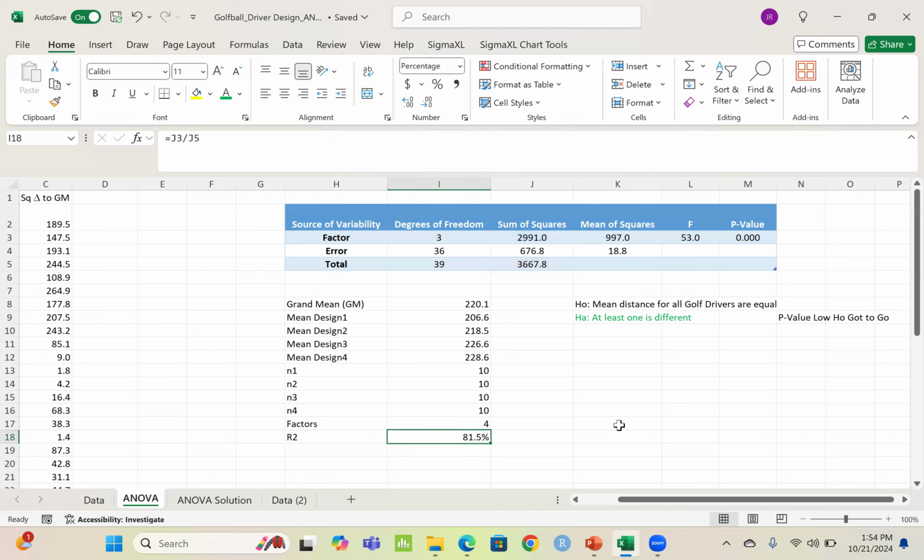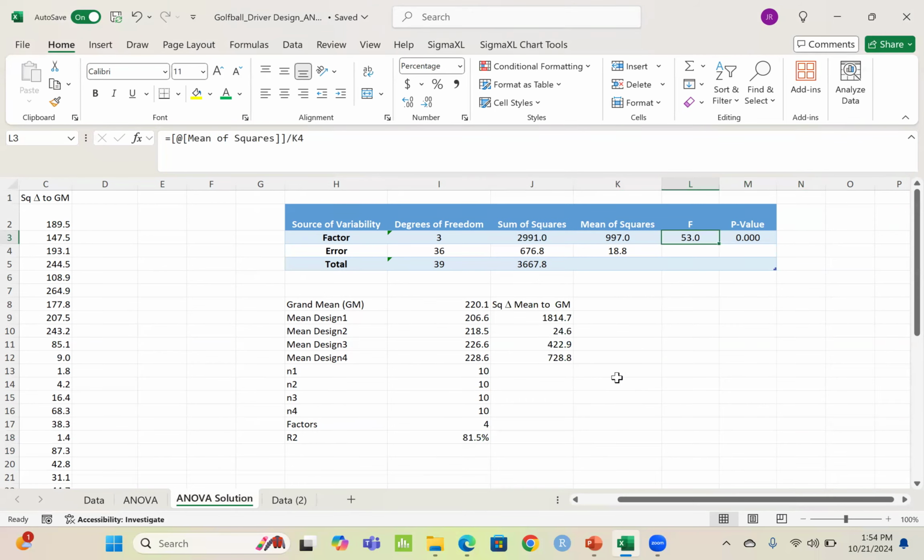And that's going to give me the R square, 81.5. This is going to represent how much variation is actually explained by the factor, and it's quite a lot. And that's one of the reasons why our p-value was actually low. So this is basically our content that I wanted to deliver to you today.